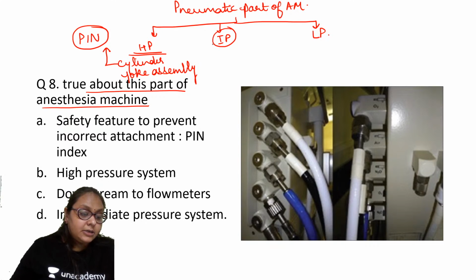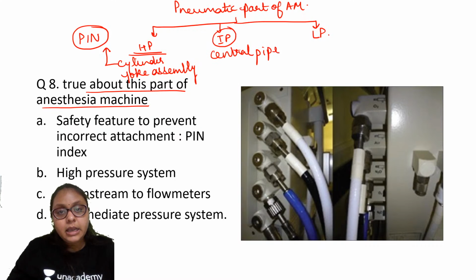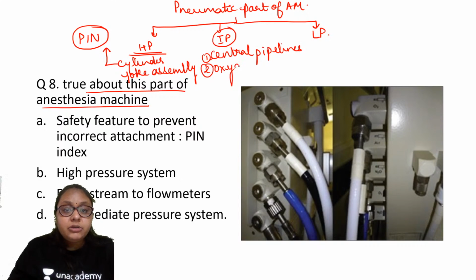The intermediate pressure system consists of the central pipelines. First, remember, the oxygen flush.